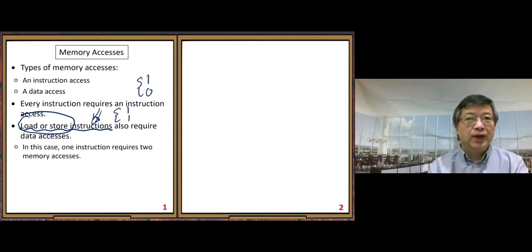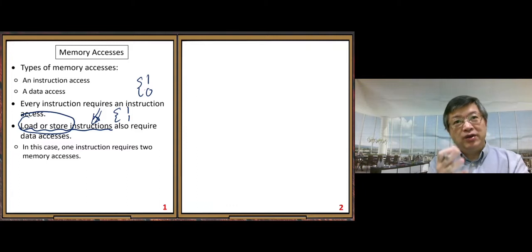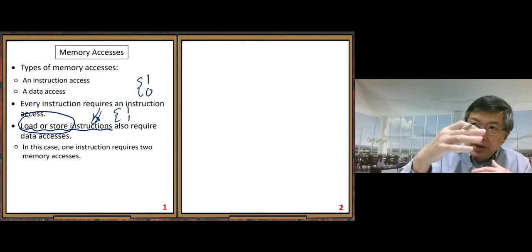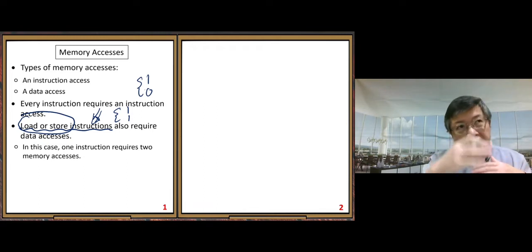Next, in this case, one instruction requires two memory accesses. Although there are two memory accesses, we like to separate the instruction access and the data access.